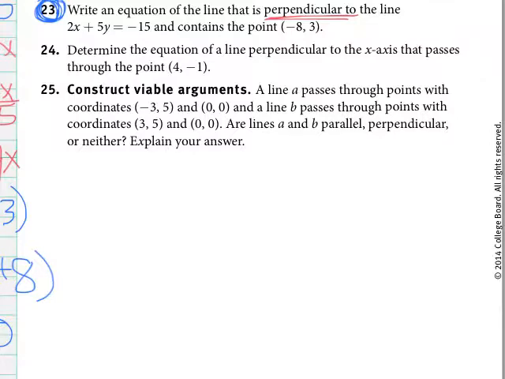So, ta-da, we know this is a special case, right? What kind of line is this? Is it a vertical line? Is it an x equals or a y equals? X equals. It's always opposite the axis, right? So this might be the y-axis, but it's an x equals line.